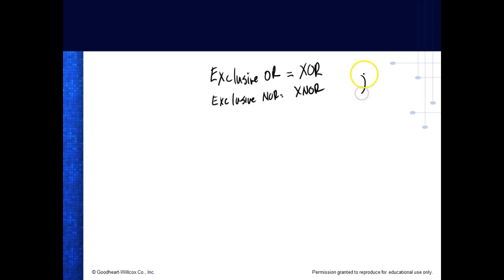Digital, this is the symbol. And notice we put a ghost image on the input. An exclusive OR, these gates will only have 2 inputs. So this is not 2 or more. These guys will always have 2 inputs.